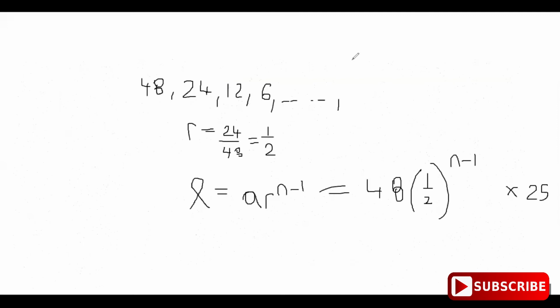So 9.8 to two significant figures could be anywhere between 9.75 and 9.84. That's how you round off to 9.8. So it can be anywhere between that region.